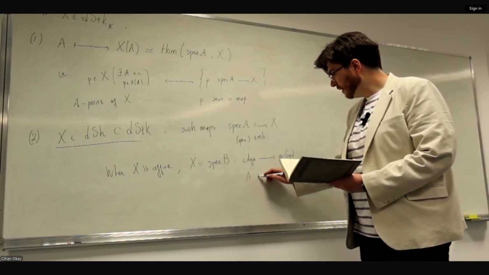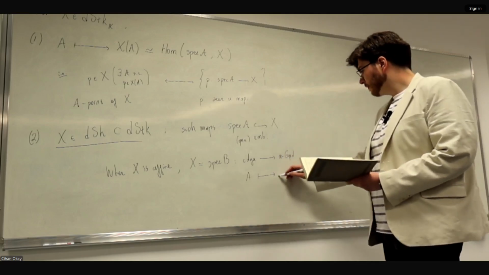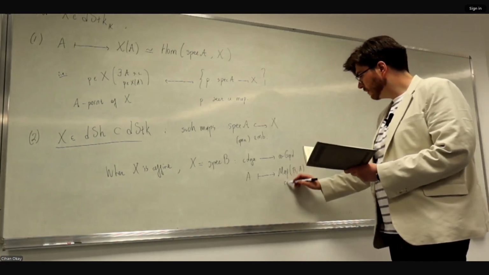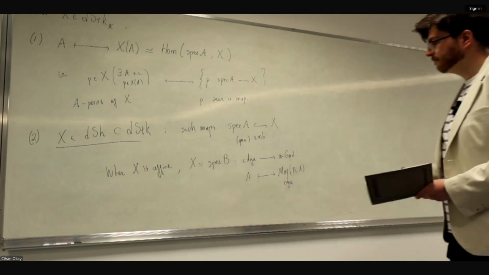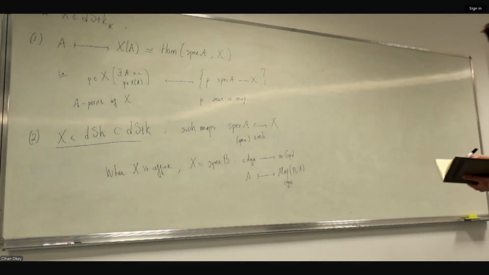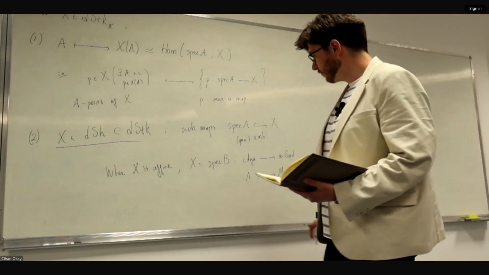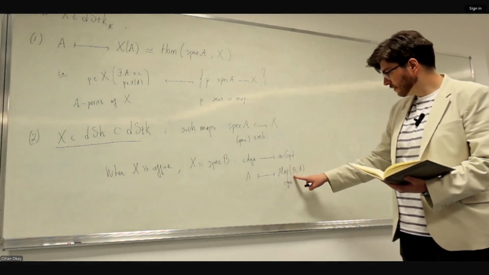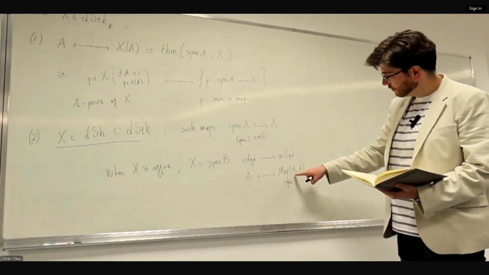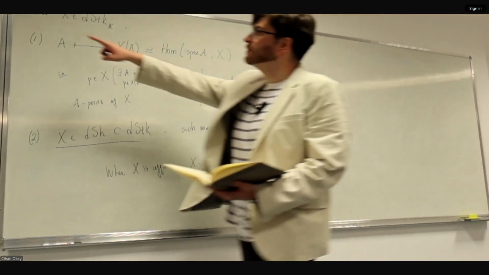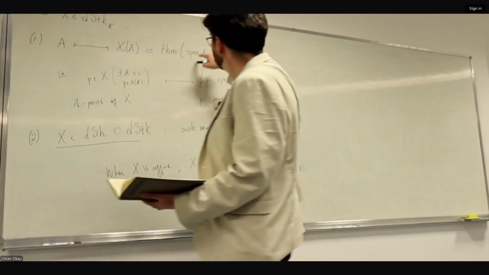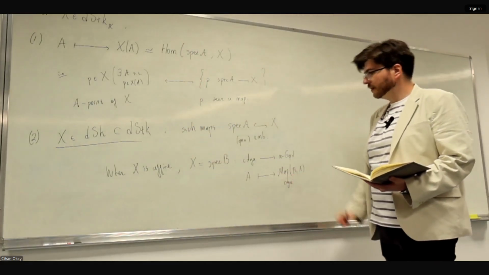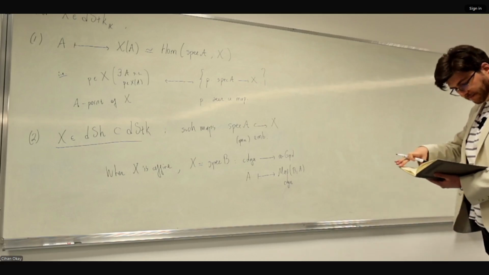It maps each A to Map(B, A) in CDGA. Now you see the difference. Now we are considering maps from B, but here maps into, because when you apply the Spec functor, it's contravariant, so it changes the direction of maps. So something like this.